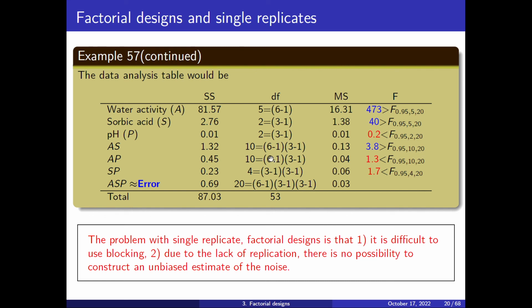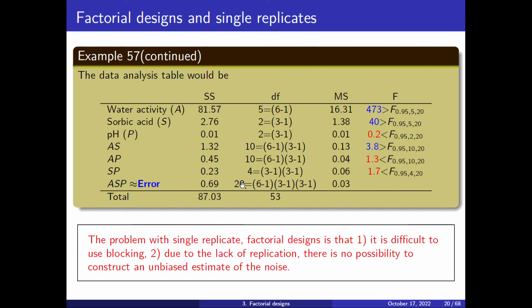In total we had 54 minus 1 degrees of freedom, and if you count how many you have used for the main effects and the second order interactions, we have 33 in total, and the last 20 go for the third order interactions, but we don't want to estimate the third order interactions, so we leave them as residuals.